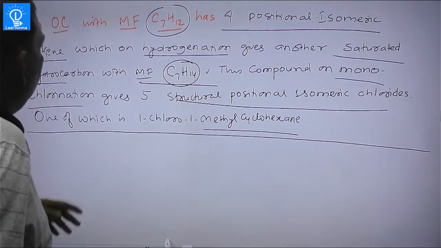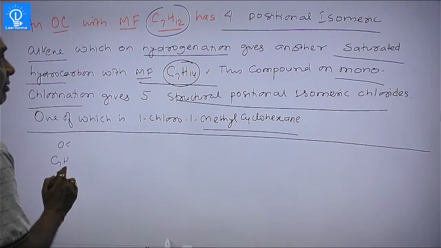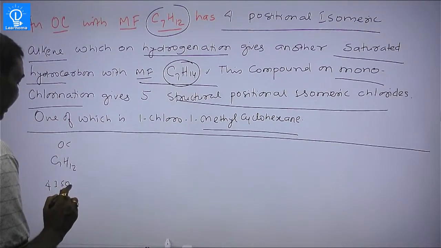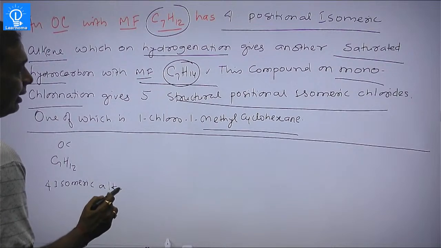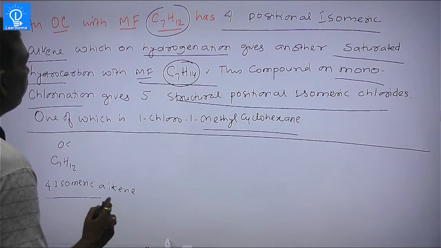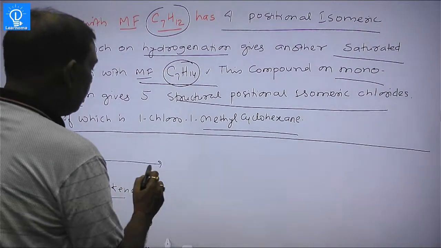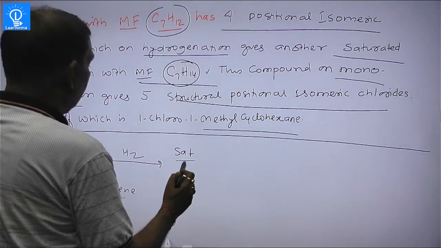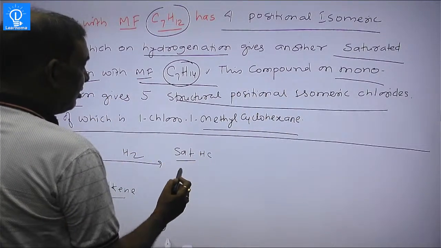How? See, organic compound C7H12, 4 isomeric alkenes, hydrogenation, saturated hydrocarbon C7H14.